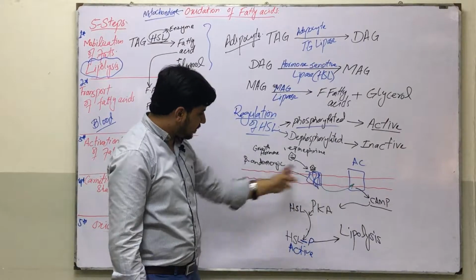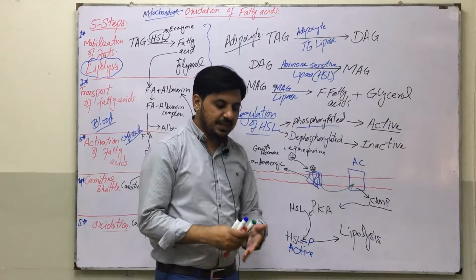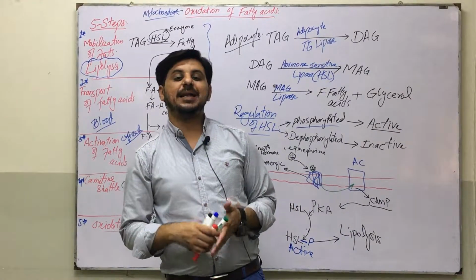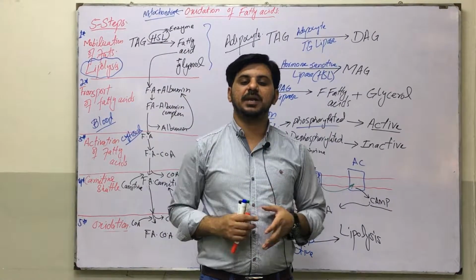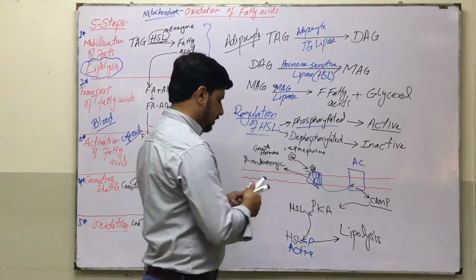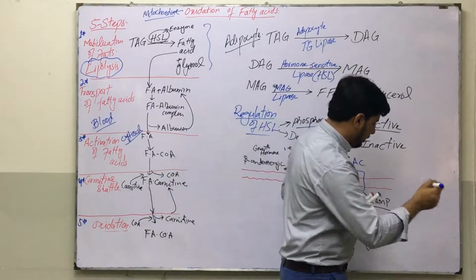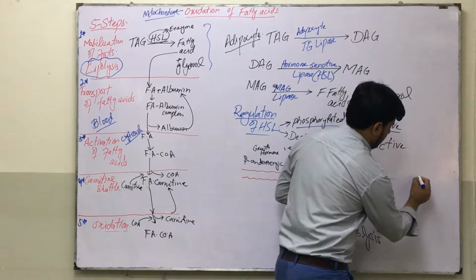There is another function of this signal cascade, that is the activation of perilipin protein. Usually these fat droplets are covered with the help of perilipin.